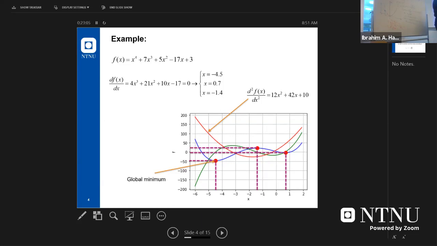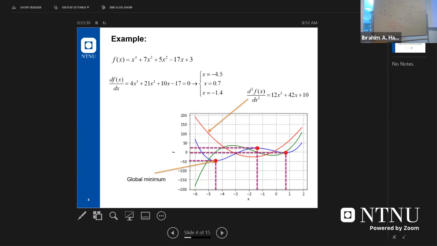This is my function, and the blue one is my function, right? It has some global minimum, a maximum, and a local minimum. Do you see the blue function?